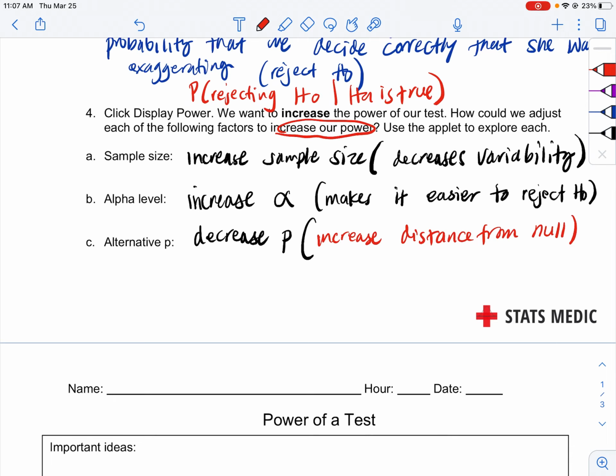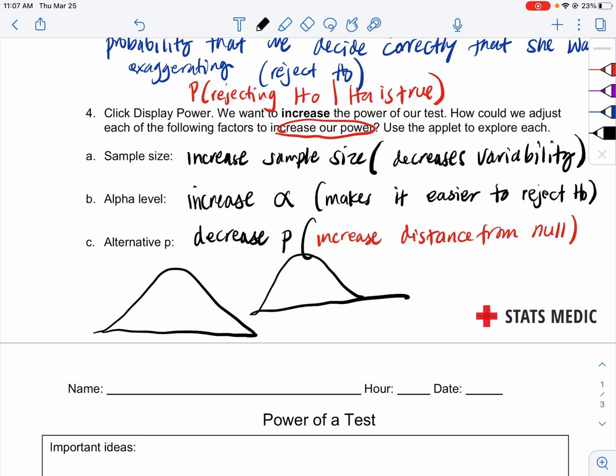Let's draw the table. And then remember, it has to be there. So this is my 0.80, my null. This is 0.66.